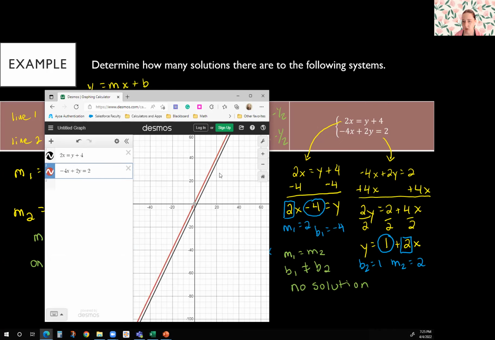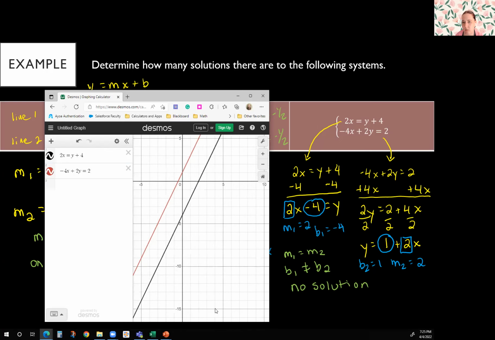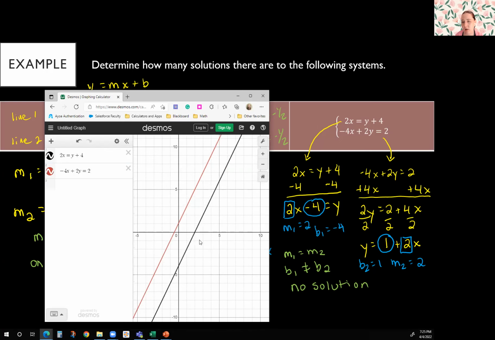You can see that they have the same slant here, but they're not intersecting. The space between them is not changing. So they're parallel. I can zoom in if you need to see it a little bit better. But these are parallel lines. They're never going to intersect. So that means there's no solution.